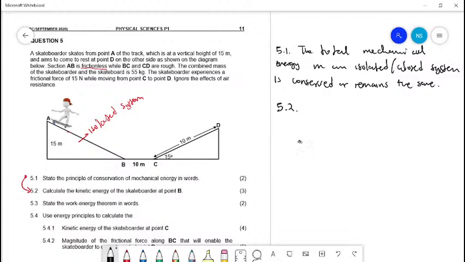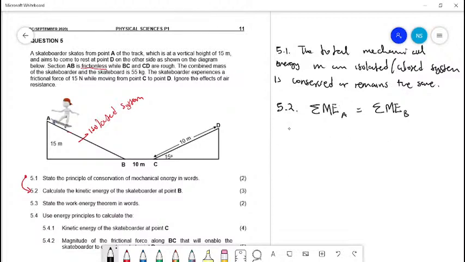So the principle of conservation of mechanical energy states that the total mechanical energy at point A is equal to the total mechanical energy at point B, right? The mechanical energy at point A is given by the gravitational potential energy plus the kinetic energy at that point.